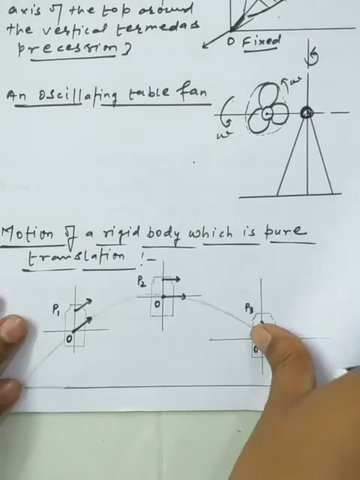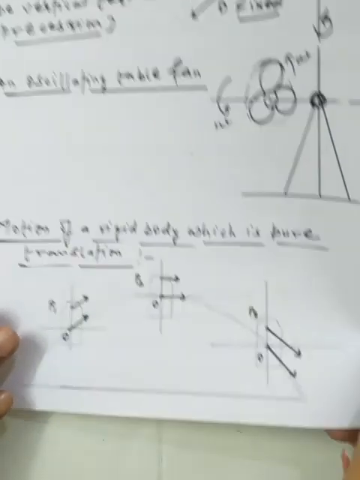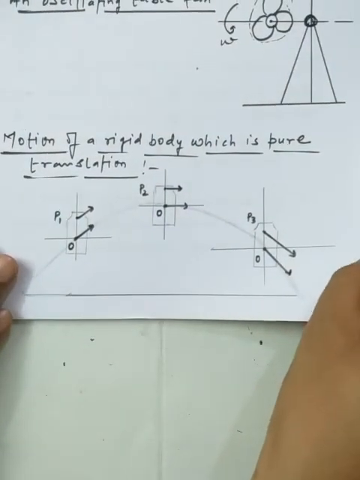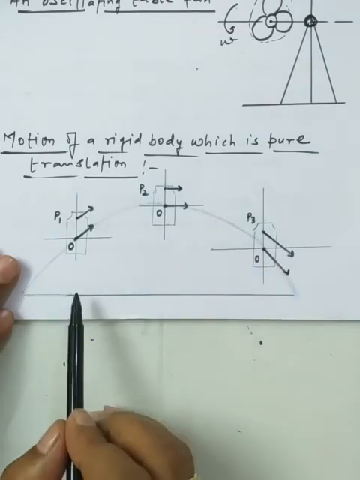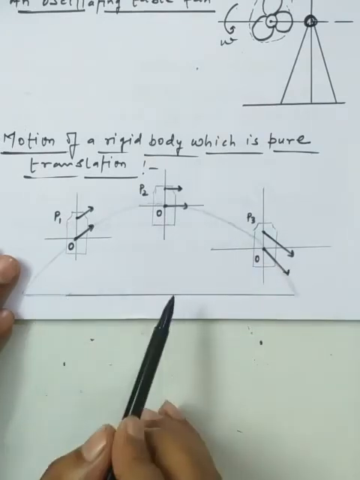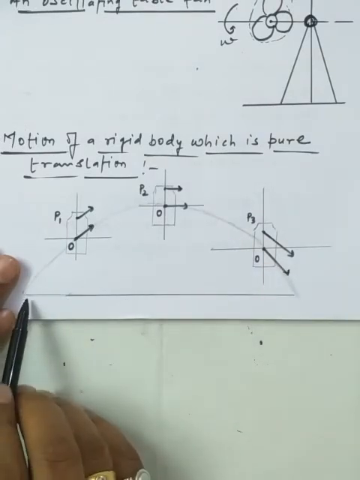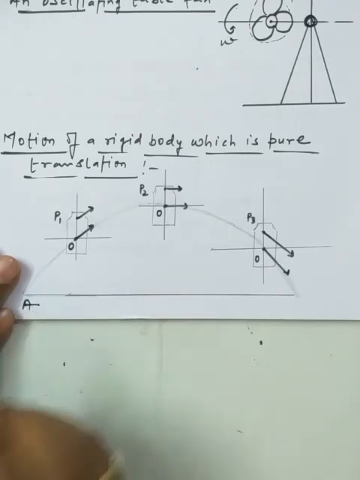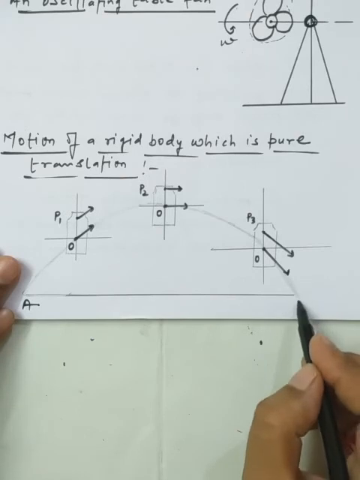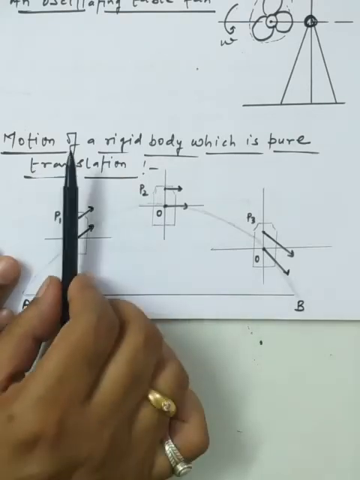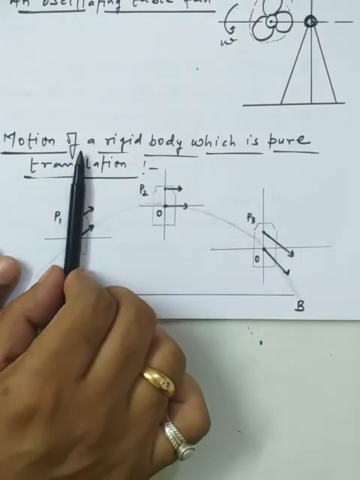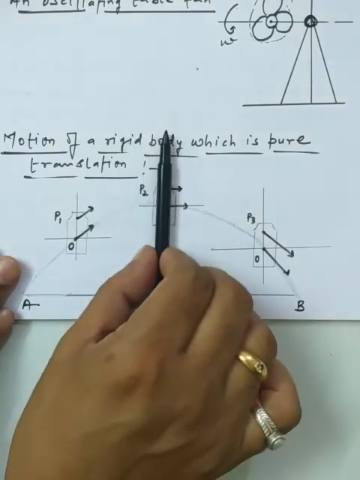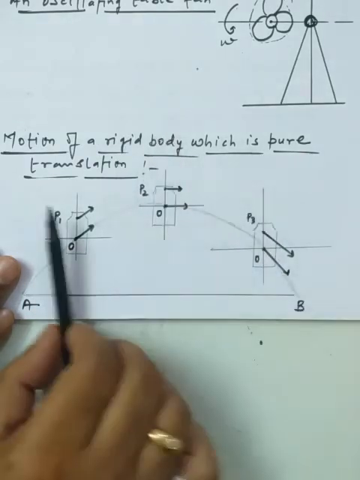Now, whenever the motion of a rigid body is pure translation in nature, how can we discuss this concept? Take the movement of a body from point A to point B. Here I have assumed that the orientation of the body is not changing along the parabolic path.